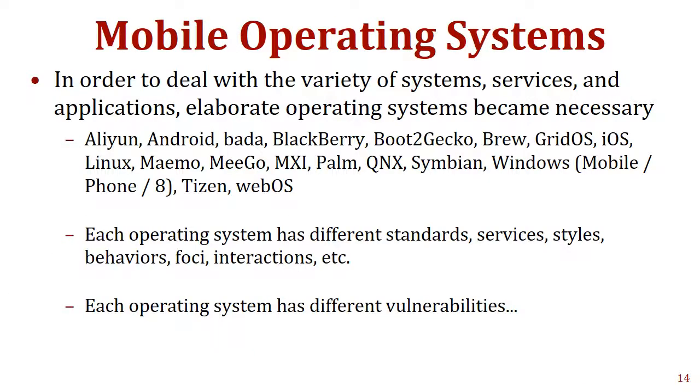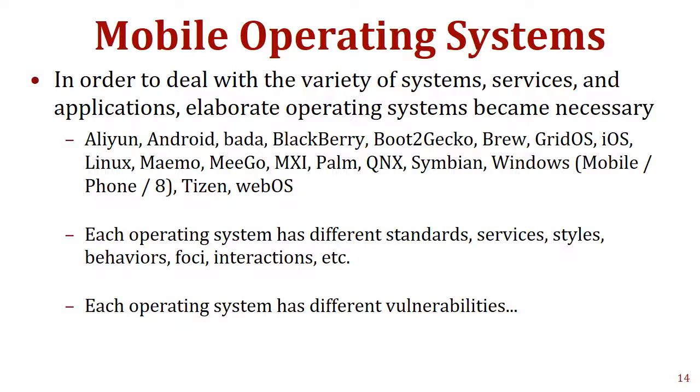In the past few slides, we can tell that mobile systems are really very different from the previous computing systems. We have lots of systems and services and applications we need to support. So that's why new mobile operating systems are really necessary.